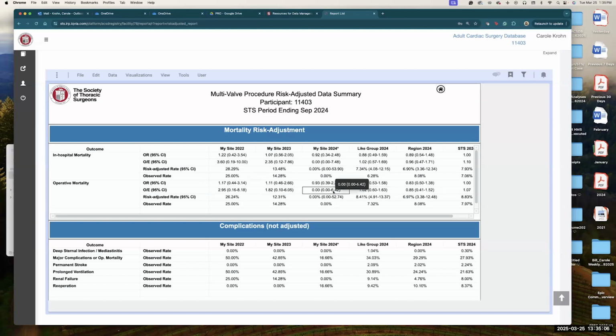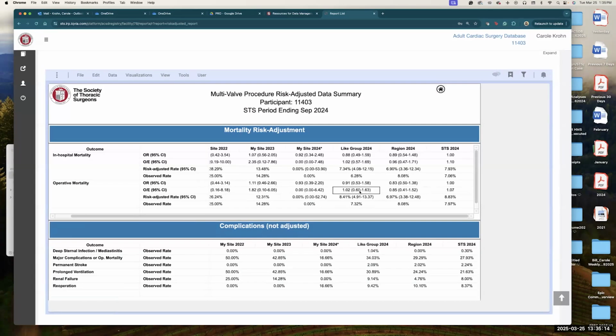My guess from looking at this is this site probably has a lower volume, because when we get to the light group and the region, look at their confidence interval, it's 0.60 to 1.63. As the volume increases, and remember, this is the whole light group that the participant is a part of.